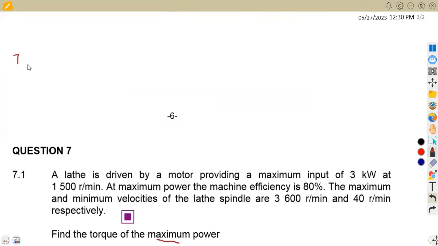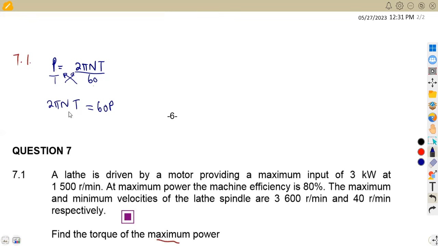Remember that power is equivalent to 2 pi NT over 60, which we can formulate to make T the subject, because this is the same as over 1. So we can just cross multiply here: 1 times 2 pi NT is 2 pi NT, which is equal to 60 times P, that is 60P.